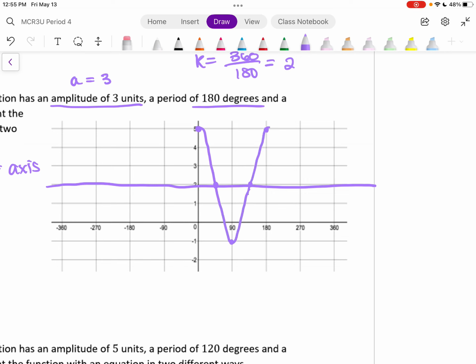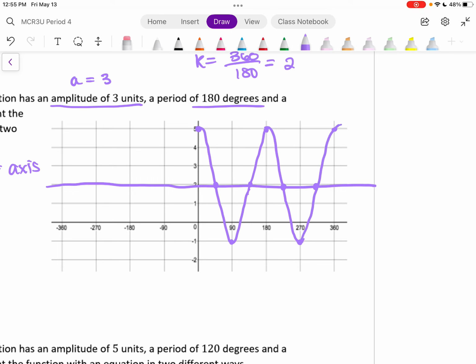Then I'm going to do the same thing. I'm going to go, okay, plus 45 here, plus 45 here, plus 45 here, plus 45 here, right? Because it's just a repetition of the same x and the same y's over the same x interval. So the only thing I'm really worried about is x.